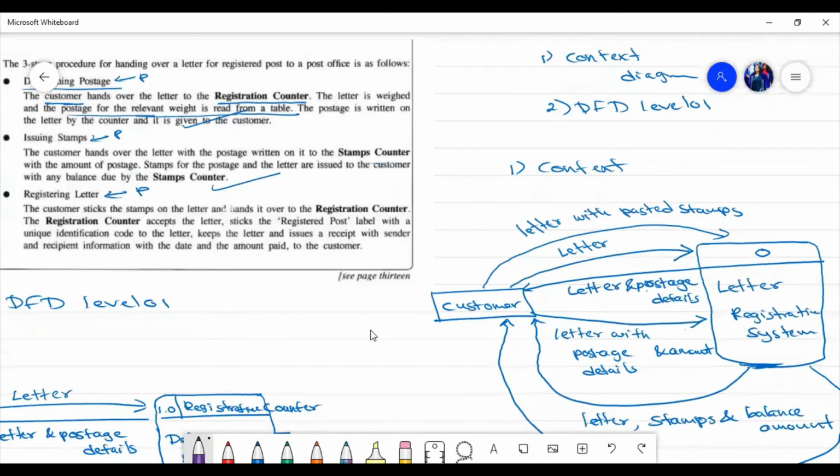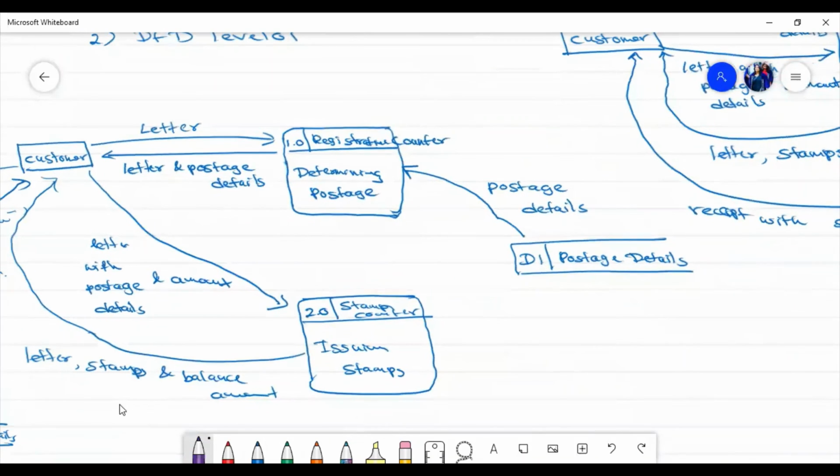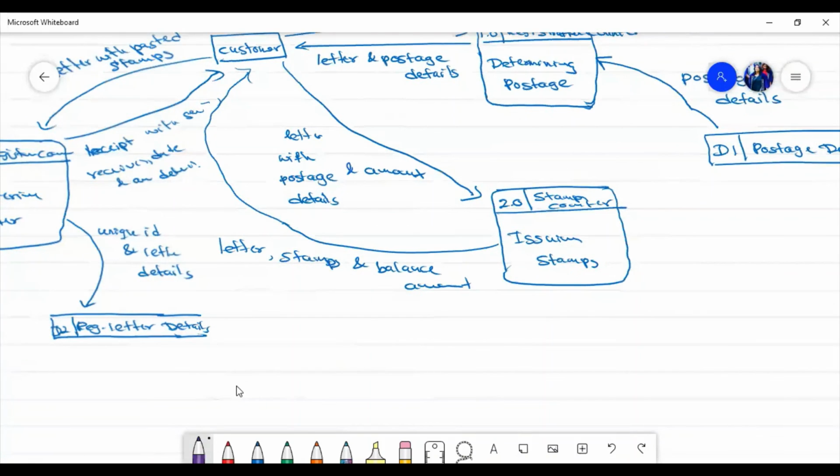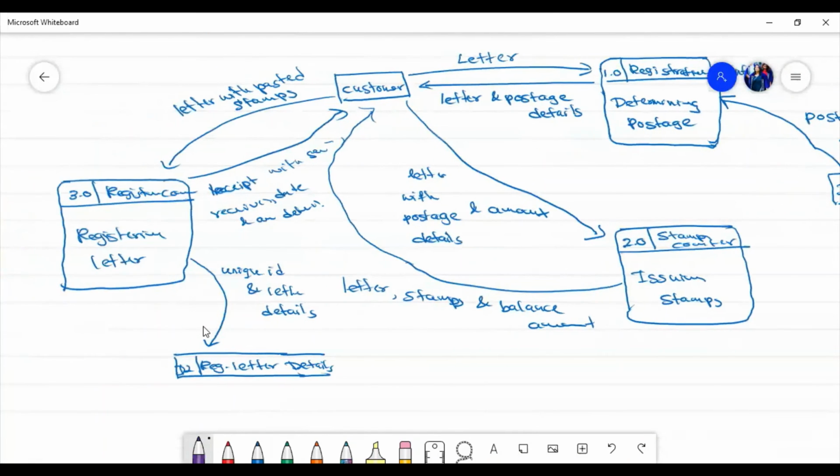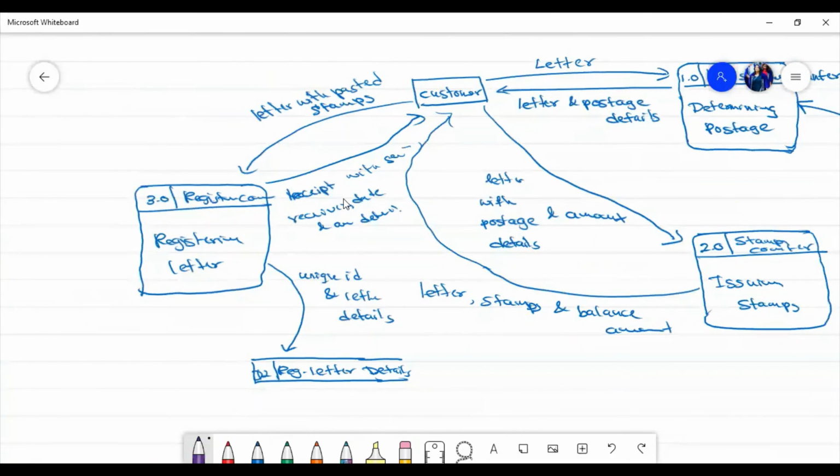So that's why I have incorporated this data store here. What is that? Registration letter details. So once I am issuing the receipt and all, I am writing the unique ID and the details of the letter to this particular file. That's the idea. So you better always think like that, okay?